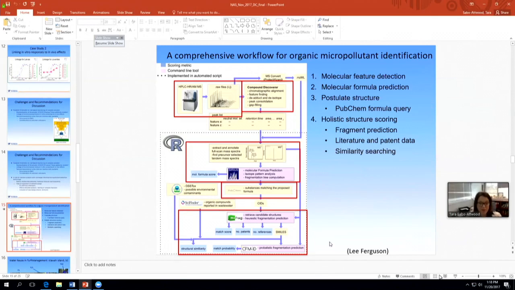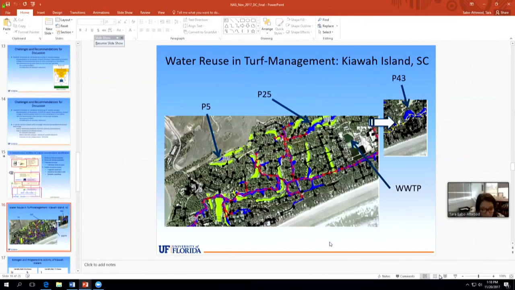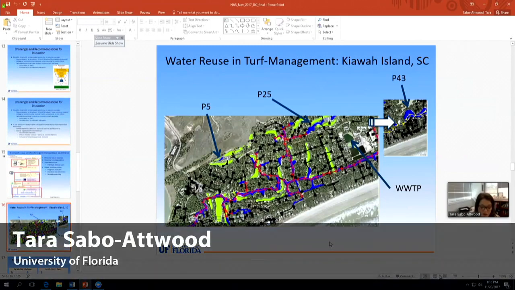An example of how we're using this is presented here with work we performed at Kiawah Island, which is a small island located just off the coast of South Carolina. The island is primarily home to retirement communities situated on golf course greens. They have their own wastewater treatment plant and use treated wastewater to irrigate the turf, which is also subject to pesticide and herbicide applications.